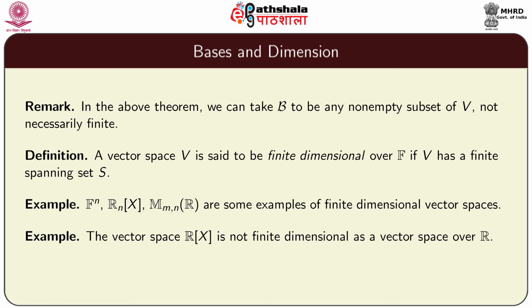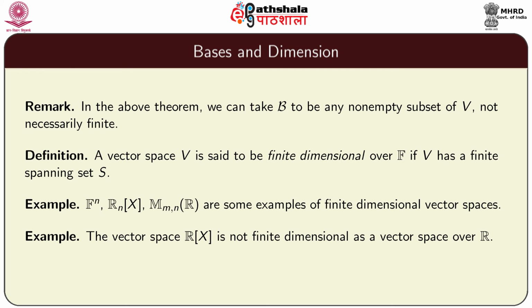Now, since you have finitely many polynomials and each polynomial has a degree, assuming that none of them is the 0 polynomial, if we require that these F1, F2, Fn must span R[x], that is not quite possible, because any linear combination of these F1, F2, Fn's can have degree which is at most the maximum of the degrees of these F1, F2, Fn.